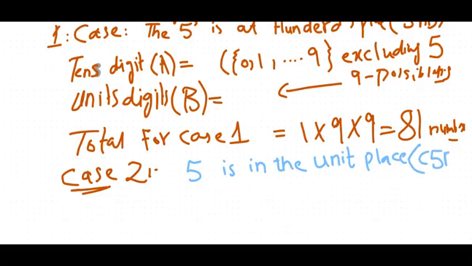So the tens digit is fixed as 5, one way. The units digit D cannot be 5, so 9 ways. 5 is fixed in 1 way, and the units digit D cannot be 5, 9 ways.